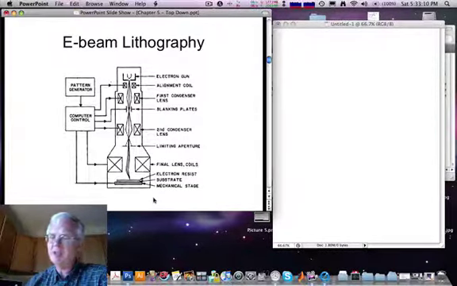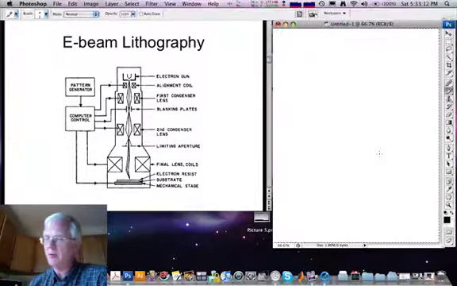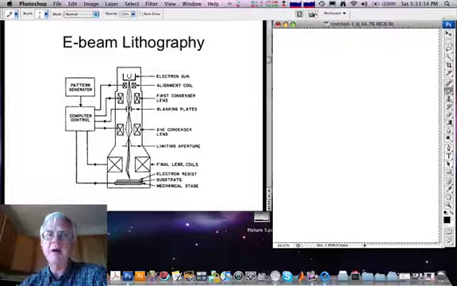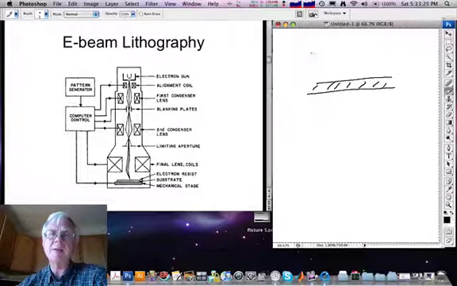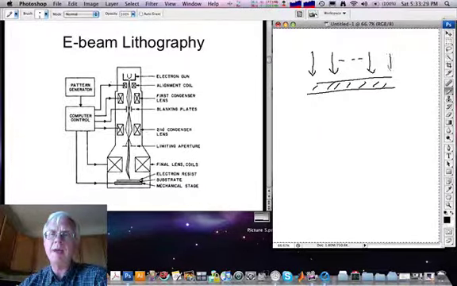It works just like optical lithography, except now here's the surface and here is a polymer resist, and as the beam is scanned over the surface, focused down to a sharp point, it may be turned off at certain places and then back on again, so as then to lead to a feature in the resist that is unexposed.